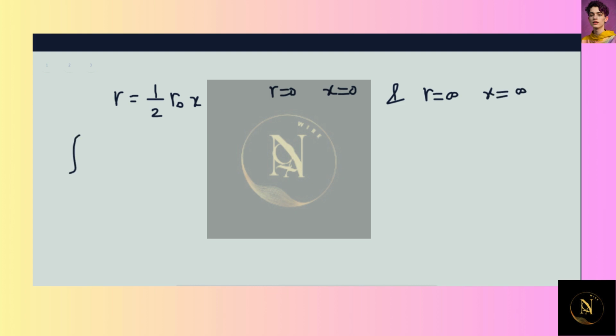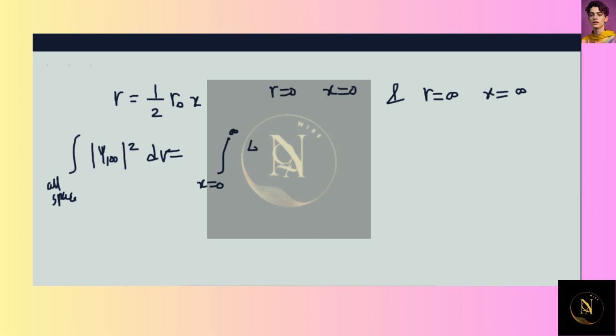This means the equation from the last page, the integral over all space of psi 100 square dV, becomes x going from 0 to infinity.